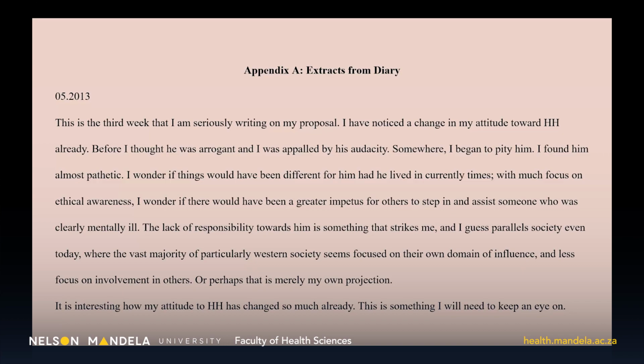Somewhere I began to pity him and I found him almost pathetic. All right. So what I found interesting is that even at the early stages of my research, we would call it a transference, but my attitude towards him shifted. And it shifted back and forth a couple of times during the project.